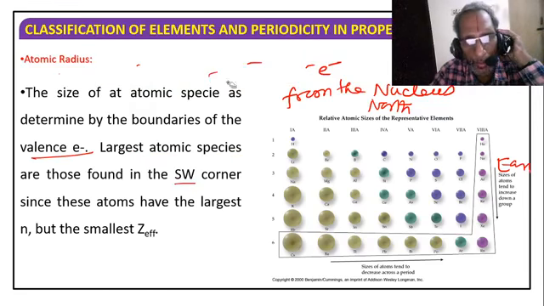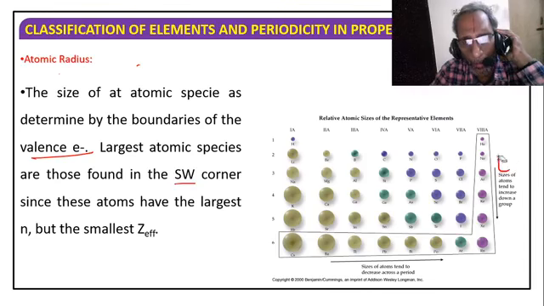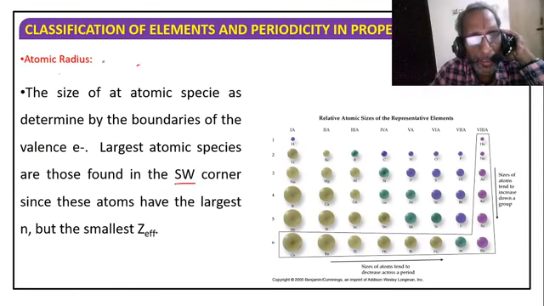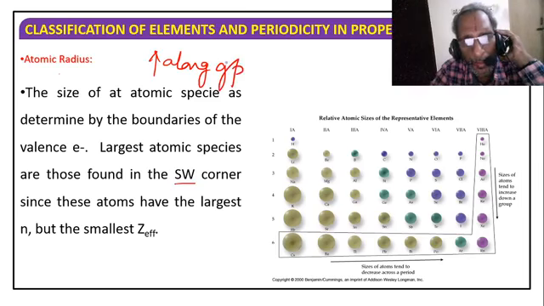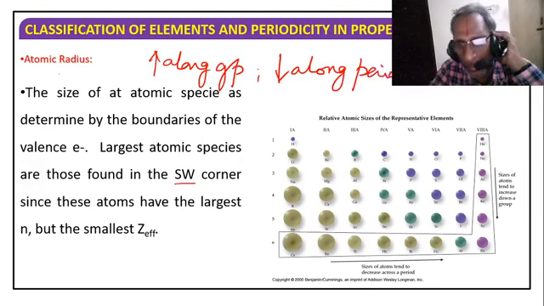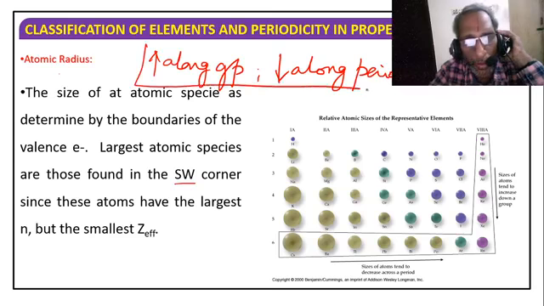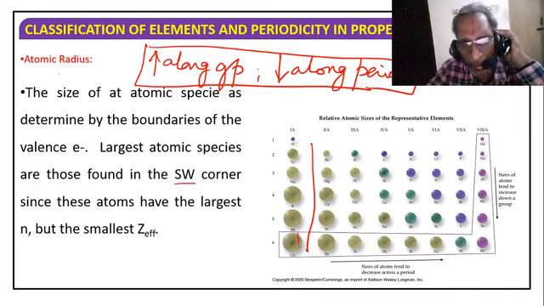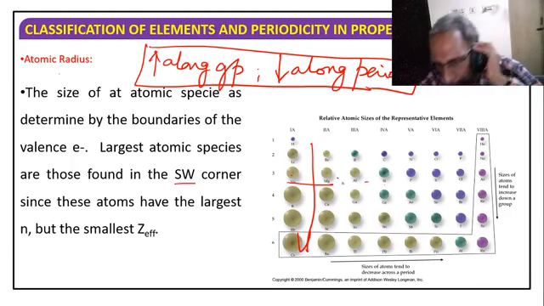It is important. In today's class, you have to note down the property: how does radius vary? Radius increases along a group and decreases along a period. We will see how. Radius here increases, bigger atom, smaller atom, like that.